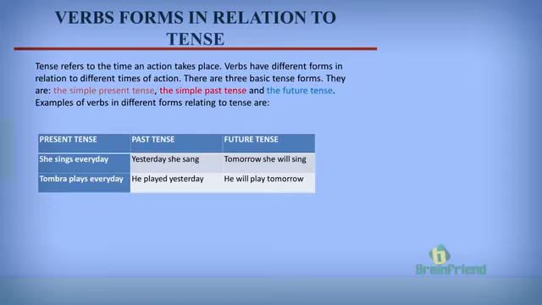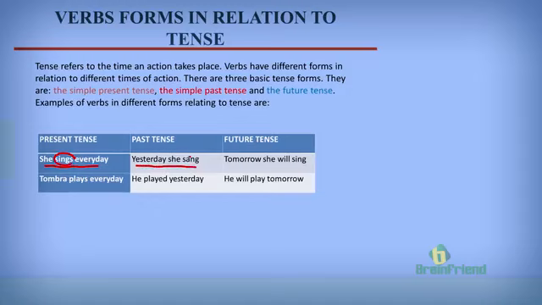So like person and number, verb forms should also agree with the tense of the verb. Now let's look at these examples here. We have sentences here in the present tense. She sings every day, and the verb here in present tense is the verb sings. In past tense, yesterday she sang.